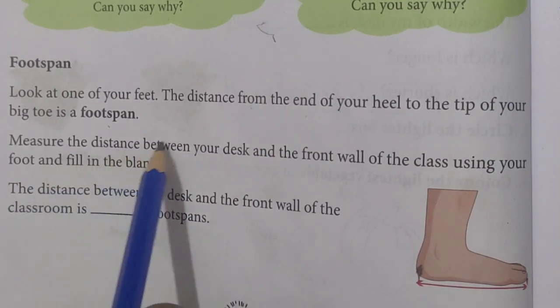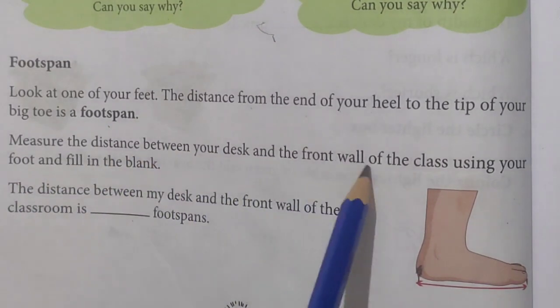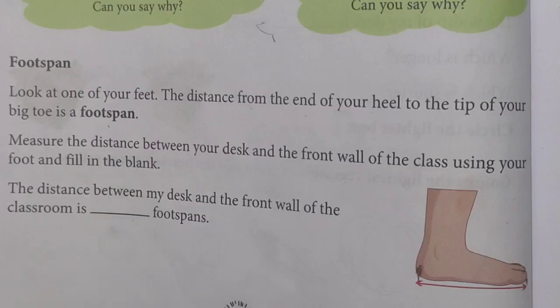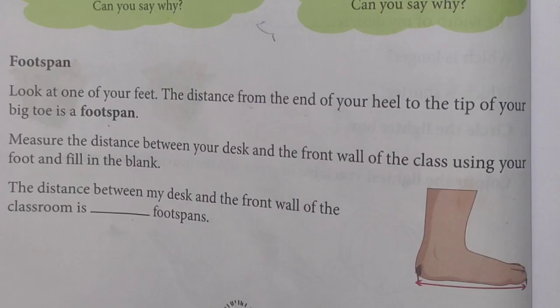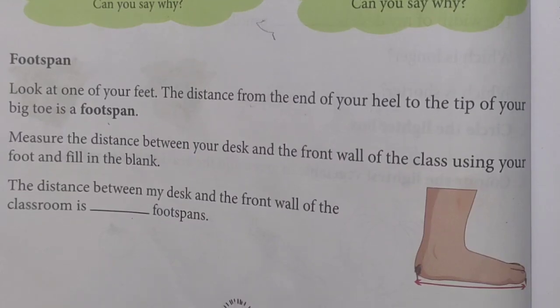Next, measure the distance of your desk and the front wall of the class using your foot. That means you can measure from your desk to the front wall of the class, or also in your home. Suppose you have to measure the distance between two walls of your room, or the distance from one wall to the TV.